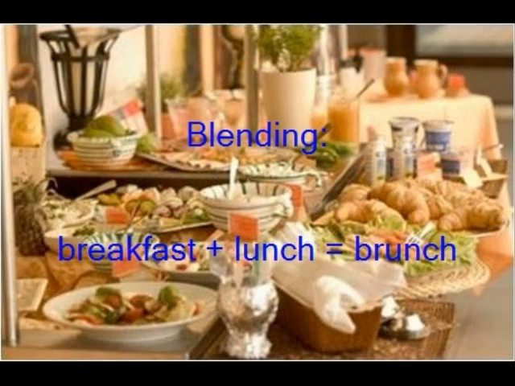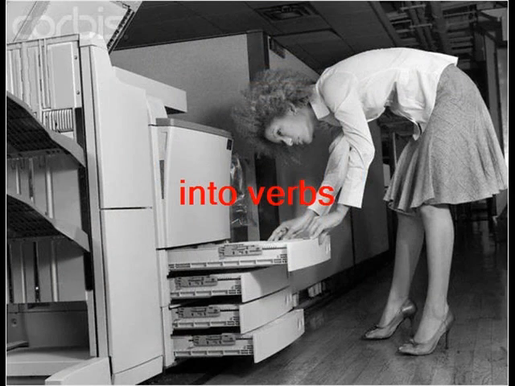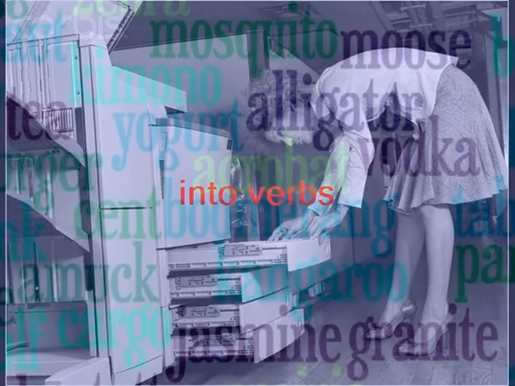People also make new words by blending existing words, such as getting brunch out of breakfast and lunch. Then there's an interesting way of making words called back formation. This is where you make a verb from a noun. For example, Xerox is a noun for a special office machine. But people now say they need to Xerox something, as in use the machine to make copies.